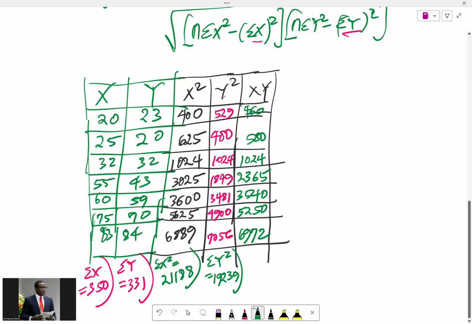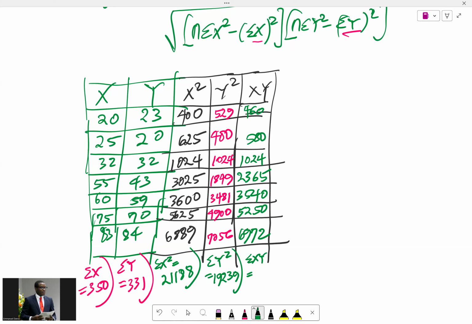19239. And lastly, we have the summation of xy, which is now 460 plus 500 plus 1024 plus 2365 plus 3540 plus 5250 plus 6972.